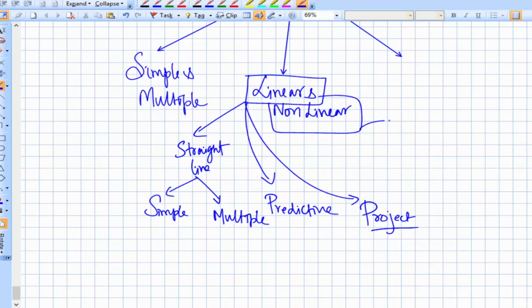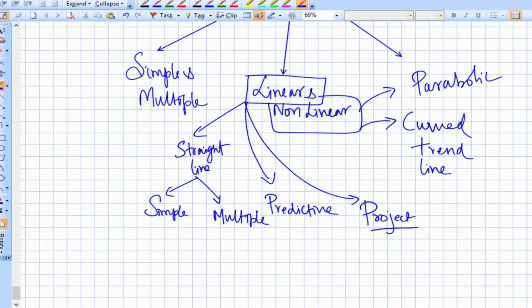So we are going to derive curved trend lines. Don't worry about this. When we take up the cases, you will understand. So curved trend lines are derived in case of non-linear, and equations are actually going to be parabolic. Again, don't worry about the technical terms used here. You will be able to understand.